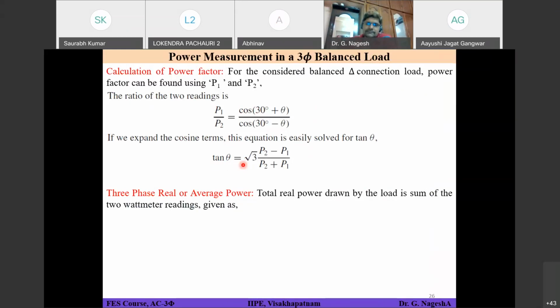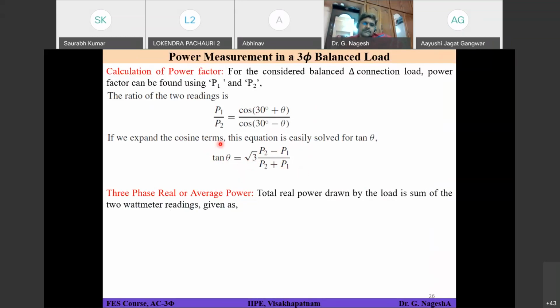Okay, so it's nothing but simply you have to expand that cost function, and if something is common, cos 30, you substitute and try to cancel whatever is possible and solve it. So you are going to get tan theta equals root 3 into (P2 minus P1) divided by (P2 plus P1).